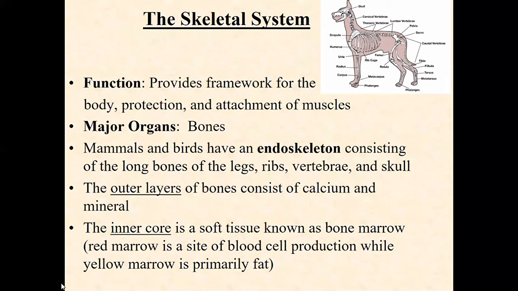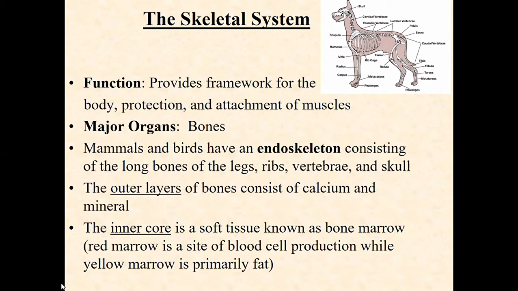The skeletal system functions to provide a framework for the body, protection, and attachment of your muscles. So your major organ is your bone. It's essentially your bone structure, which is considered your skeletal system. Mammals and birds have an endoskeleton consisting of long bones of the legs, ribs, vertebrae, and skull.